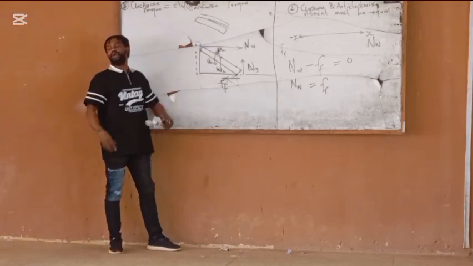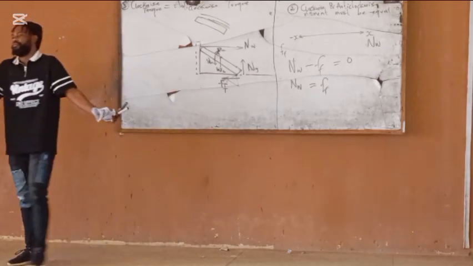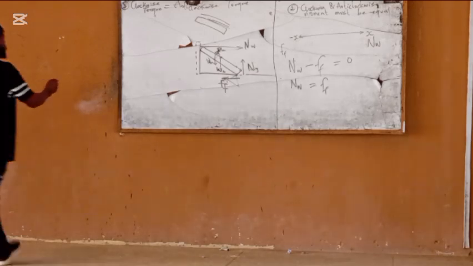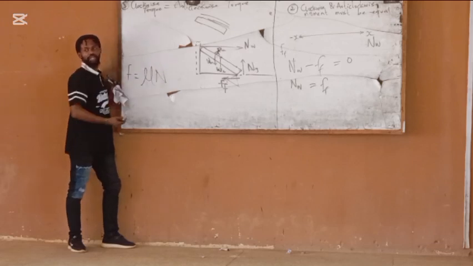Now somebody wants to ask me, why did you make it your pivot? Because I cannot be looking for two things at the same time. If I'm successful in using the ones I have to find it, I can now say, okay, the friction given to me here, did they give me the coefficient of static friction? That is that mu. Friction is equal to the coefficient of static friction times the normal reaction.